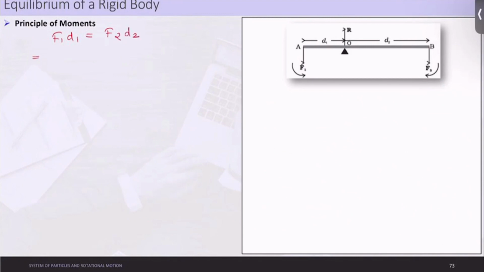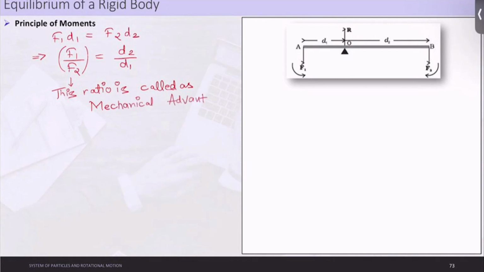This equation can also be written as F1 by F2 is equal to D2 by D1, correct? First of all, remember that this ratio is called mechanical advantage.